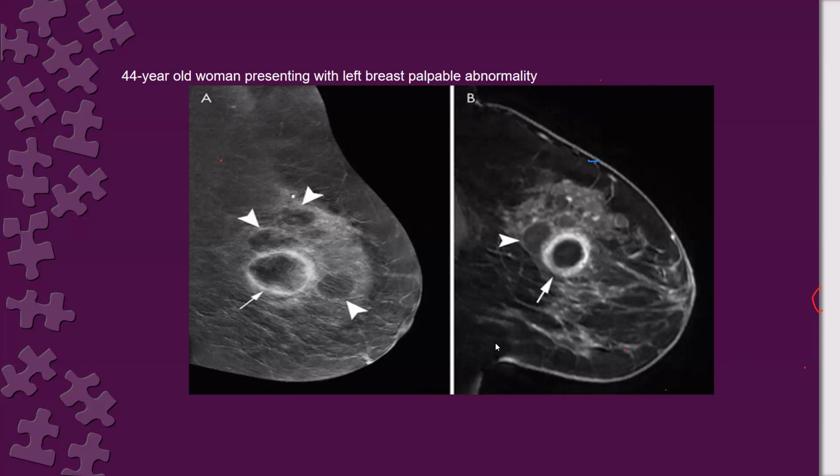Yes, because the orientation in the two exams is different: here the patient is standing up, holding the breast up, pulling, and this is the patient in prone position. You will not see it exactly the same, the MLO and the sagittal MRI, but more or less this is the same.